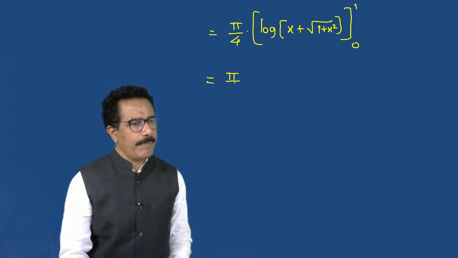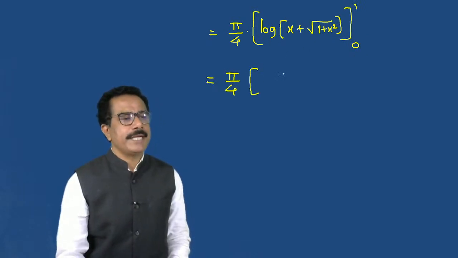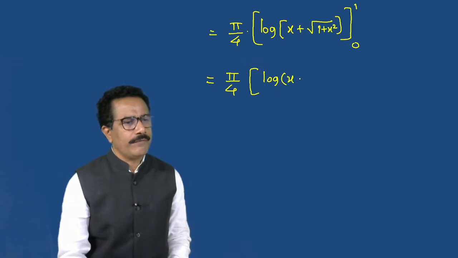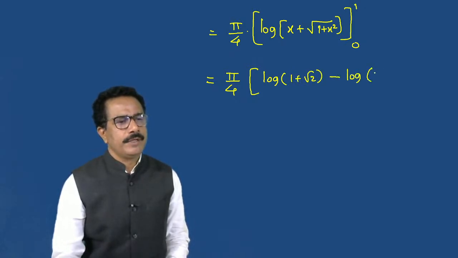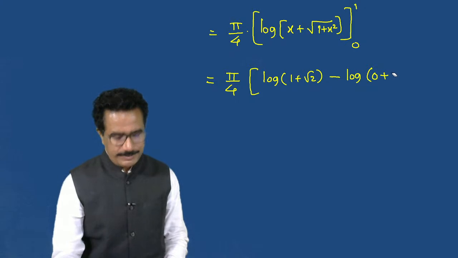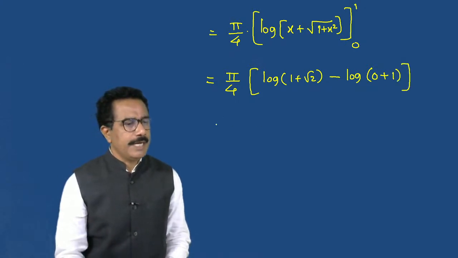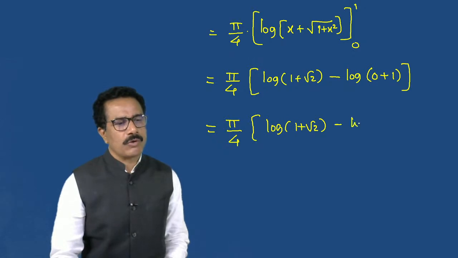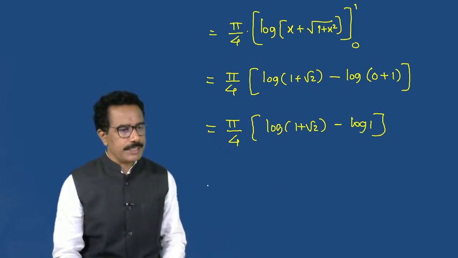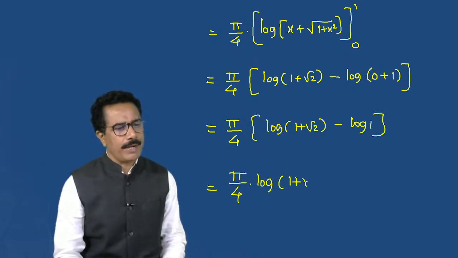So pi by 4, keep the upper limit as 1, in place of x put 1: log of 1 plus root 2, minus log of 0 plus root of 1 plus 0 square, that is 1. That means pi by 4 into log of 1 plus root 2 minus log 1. The value of log 1 is 0, so the final answer is pi by 4 log of 1 plus root 2.